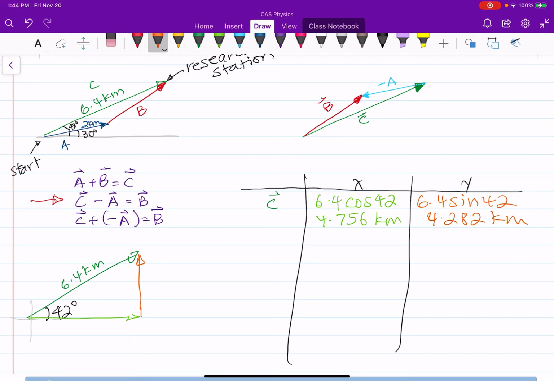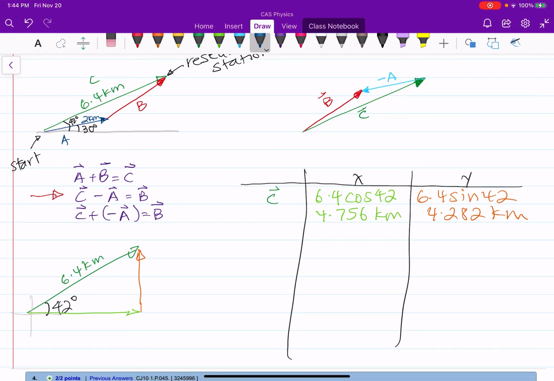Then we've got to find the components of vector A, and vector A looks like this. So that's vector A, and it's 2 kilometers. And this angle here is 30 degrees. And again, we've got the horizontal and the vertical components. So similar way we're going to solve this. For vector A, it's equal to 2 cosine of 30 and then 2 sine of 30, right?